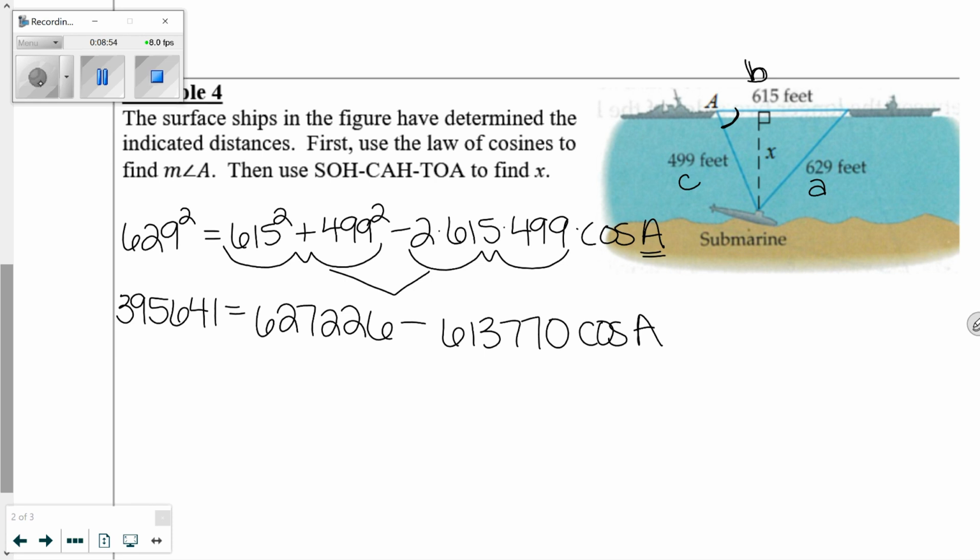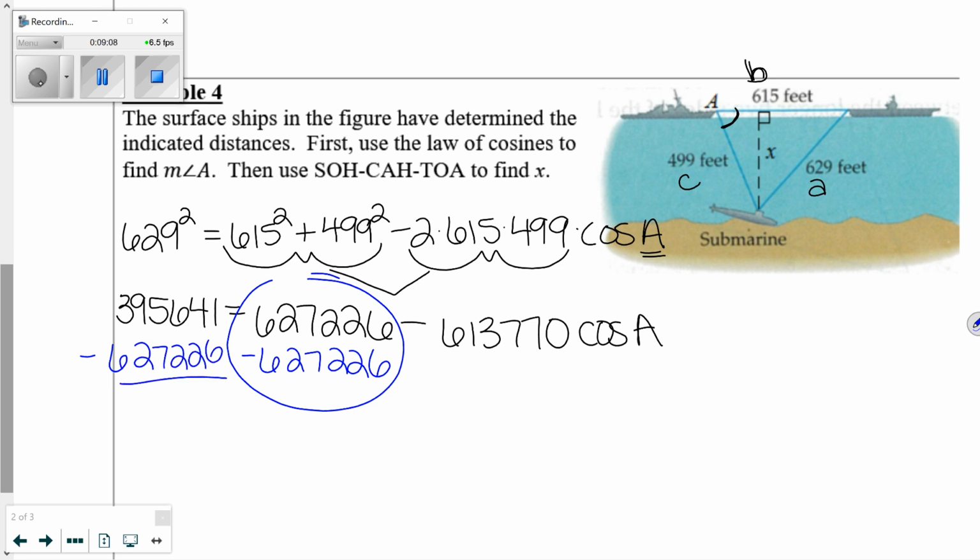But again, remember, we cannot combine these two because of where our variable is. So now we're at a point where we're going to zero out, we're going to 1 out, and then we're going to do our final step. So when we zero out, we're going to zero out this number right here. And we get, yep, we get a negative number. Remember, this minus sign right here now is a negative in this number.